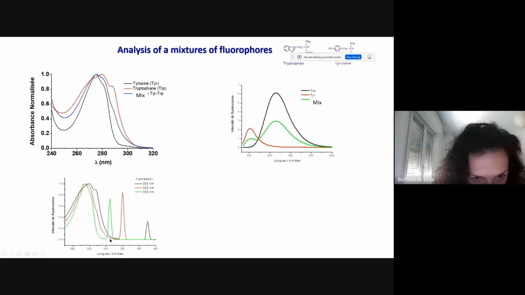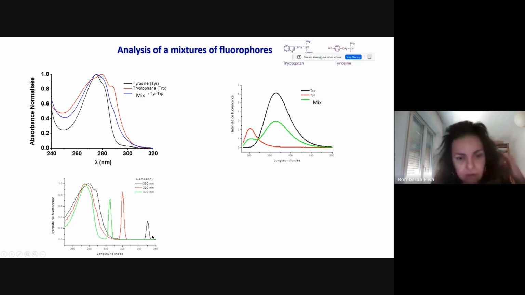Let's take one example, the black one. It is an excitation spectrum, so it is the fluorescence that I detect at 350, and I scan from, I don't know, most likely 250 till 360 to include this.